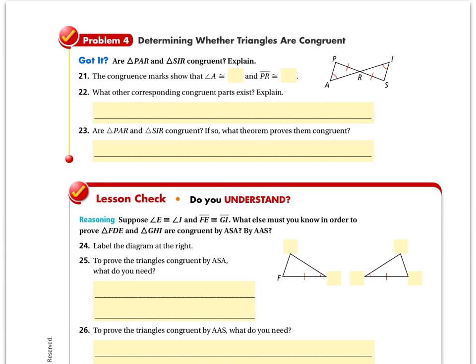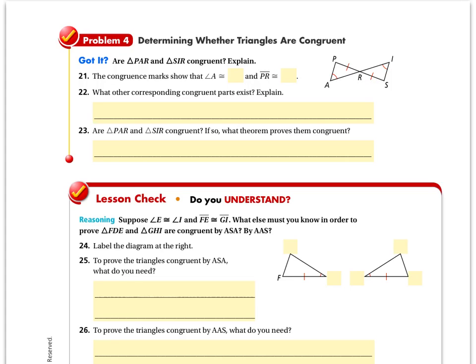So in problem 4, we need to determine whether triangles are congruent. And in this exercise, we're being asked, are triangle PAR and triangle SIR congruent? And we need to explain this. So let's go through here on number 21 and examine our congruence marks.